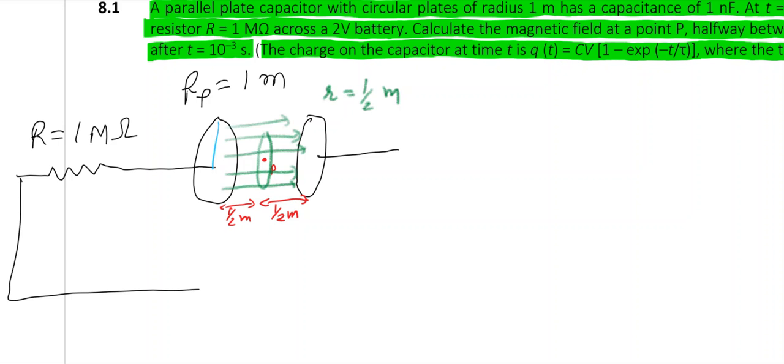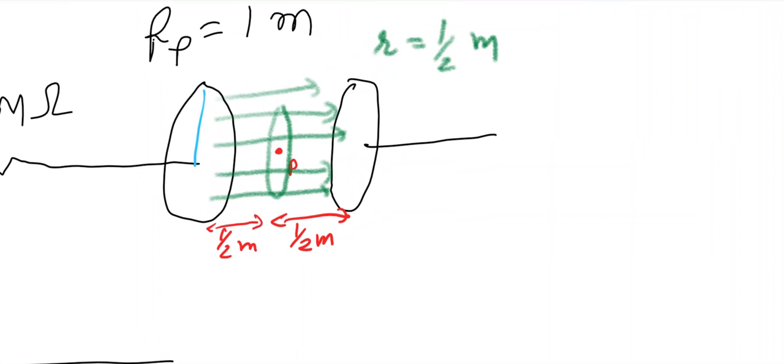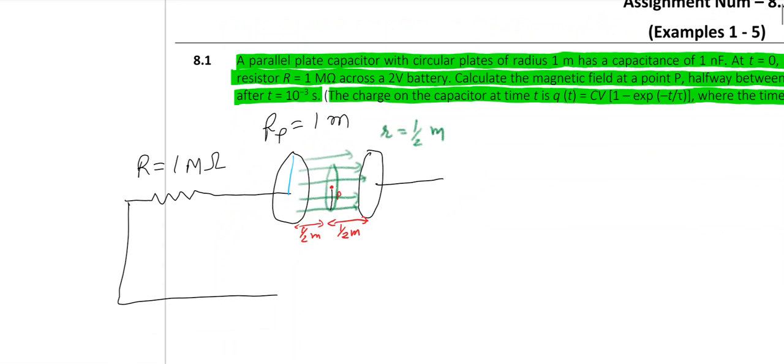So let us assume that P is on some circular surface with radius half meter. Small r is the radius of this imaginary surface which is between the two plates of the capacitor.